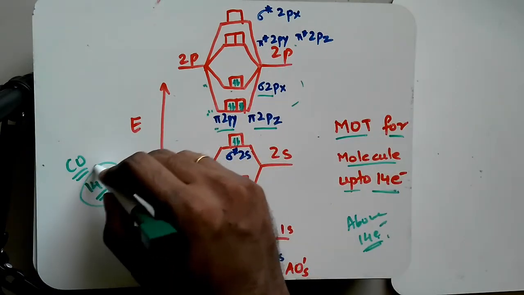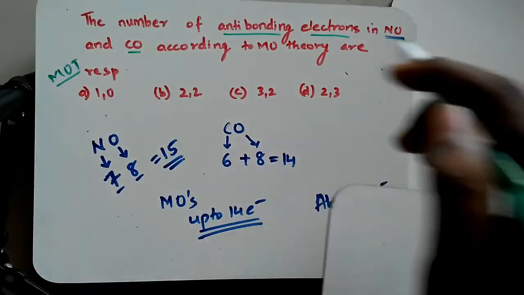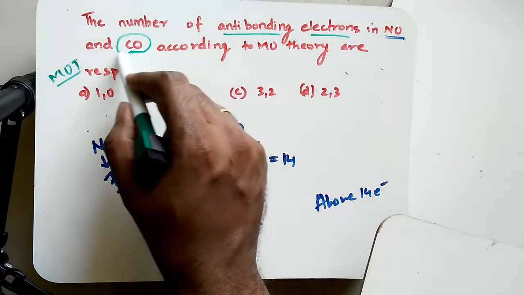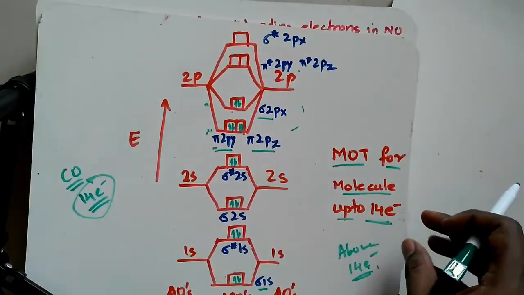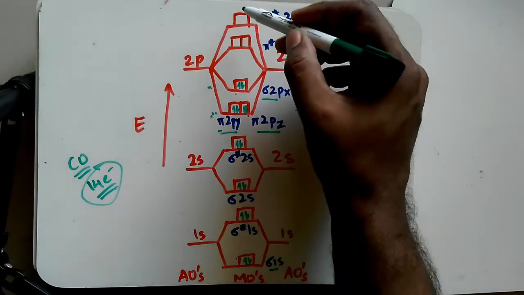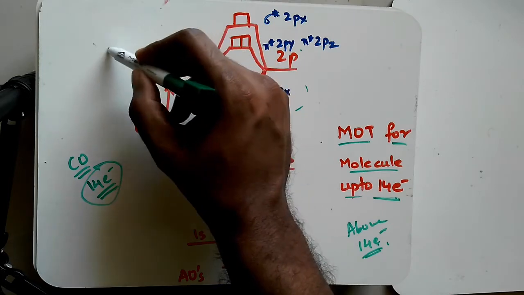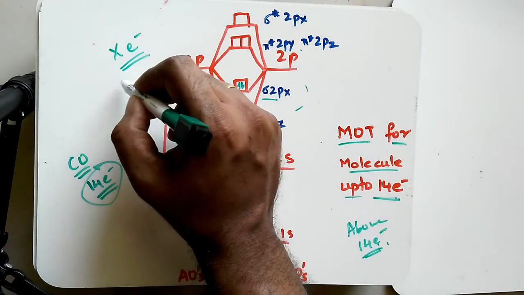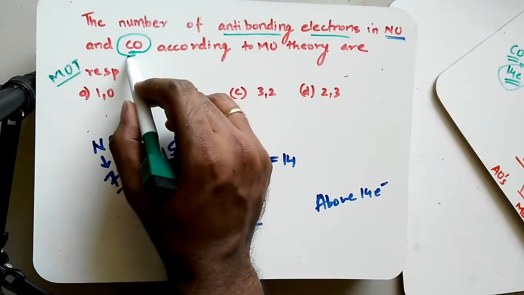So 14 electrons are done. Now the question is the anti-bonding electrons in CO and NO. Just now we are considering the case of CO. If you go back to this MOT, you can observe there are no electrons in the anti-bonding orbitals. So here the number of anti-bonding electrons is 0. So for carbon monoxide, it is 0.